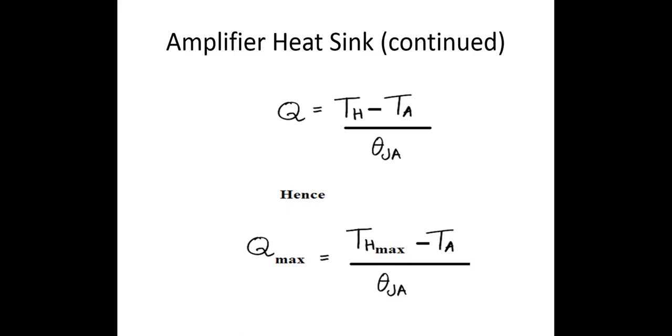This implies that the maximum heat dissipation that you can allow depends on the thermal resistance between the junction and the ambient environment. To be more specific, it is inversely proportional to that thermal resistance.